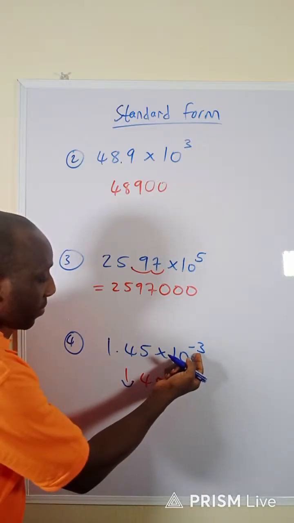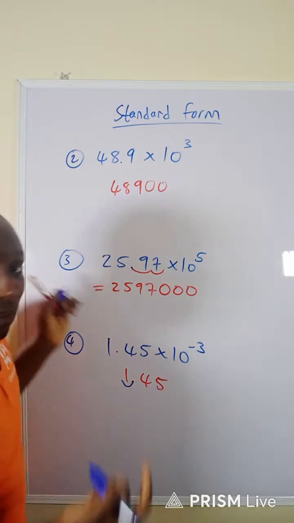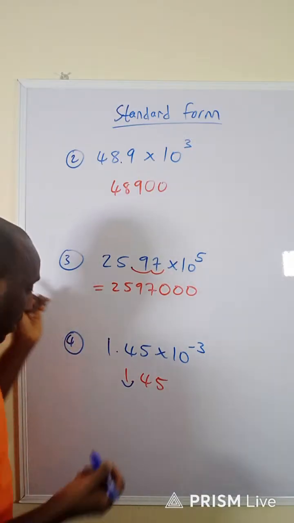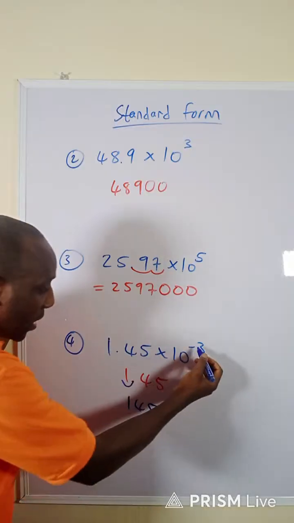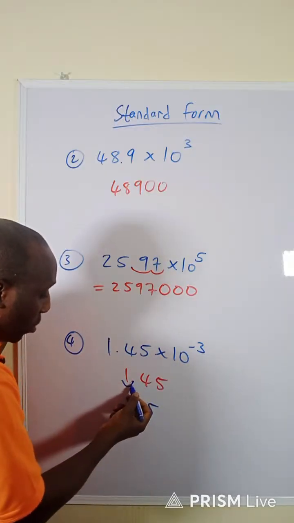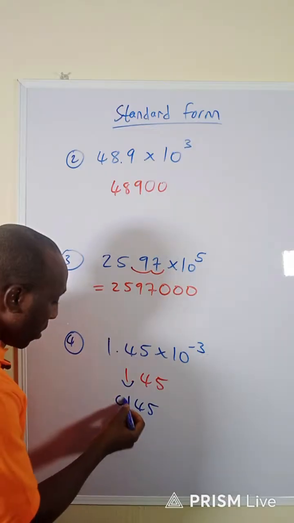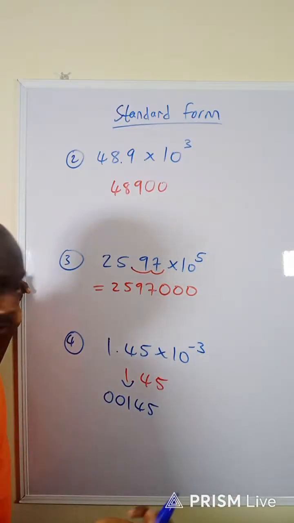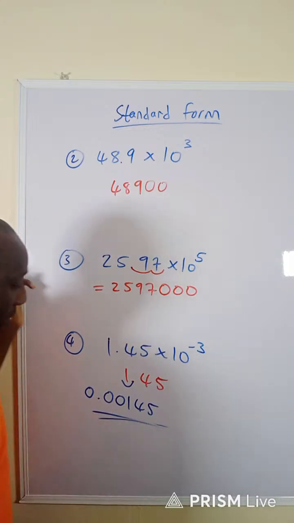So you have 2 left now, 2 more movements to the left. So you have 145. Just put 2 zeros, because you have taken 1 from here, so you have 2 more movements. 0, 0. And you put your point here. And then 0. This is it, guys.